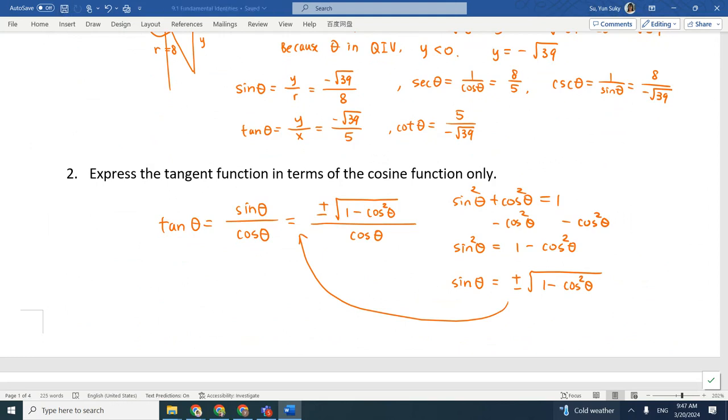And even any trig functions, you can always express in terms of sine and cosine. How? You know, sine is sine, cosine is cosine. But tangent is sine over cosine, right? Cotangent is cosine over sine. Secant is 1 over cosine.